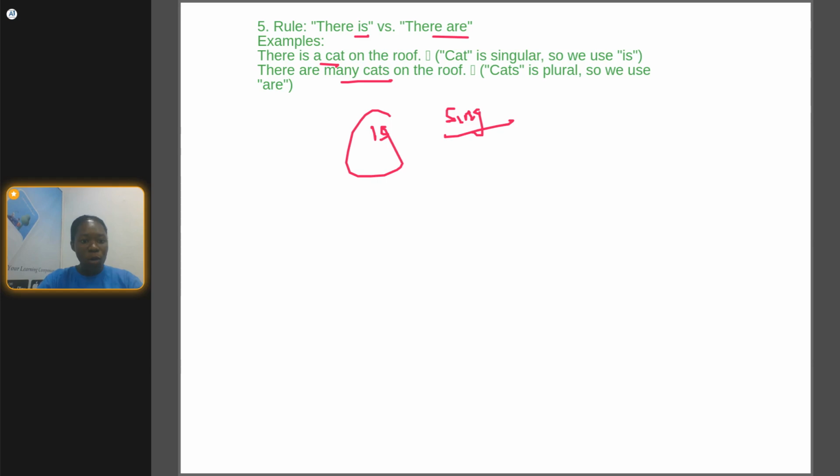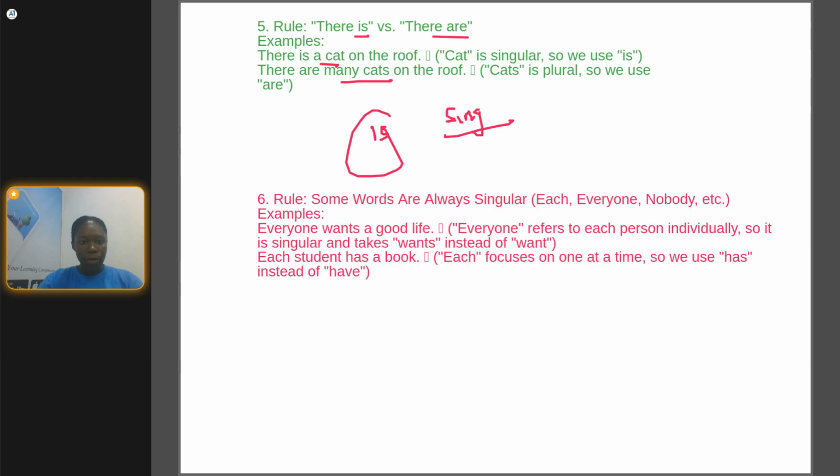Some words are always singular, no matter how they appear.